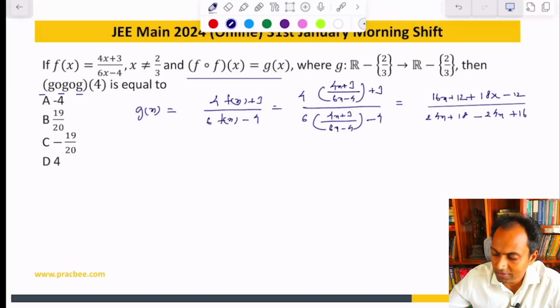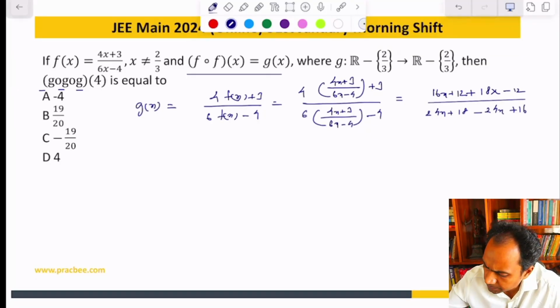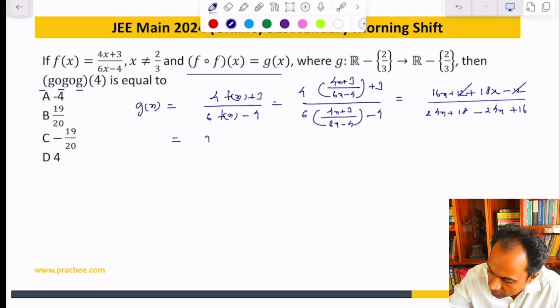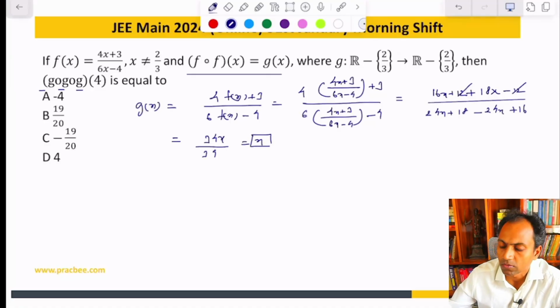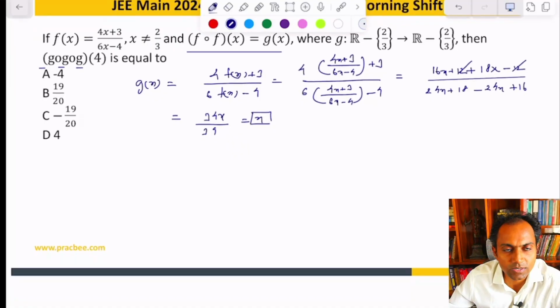If I simplify this out, let us see what we get. In the numerator, 12 will get cancelled out. We have 16 plus 18, this is 34x. And in the denominator, you can see that 24 will get cancelled out. So again, this will become 34. So what we are getting is x. So gx is a function which is equal to x.